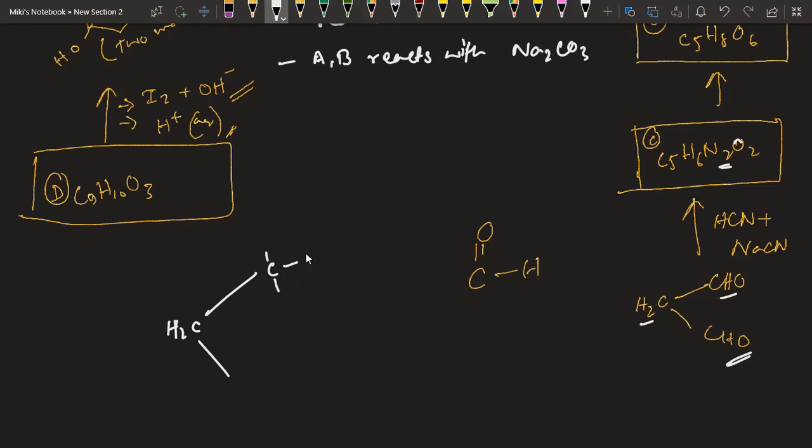So this is this part, and there's this hydrogen here. This hydrogen is going to get eliminated because now we have this CN here.